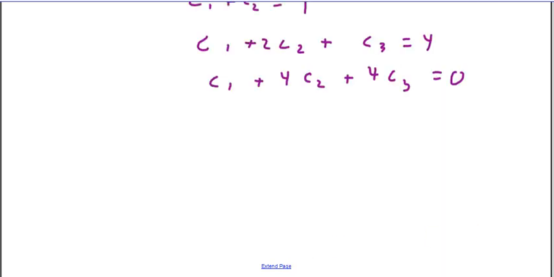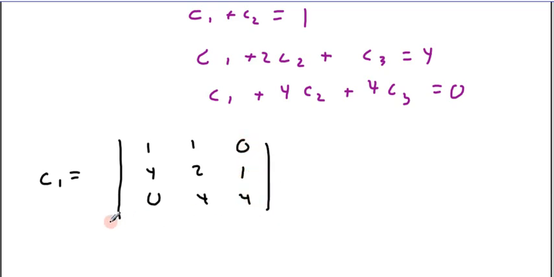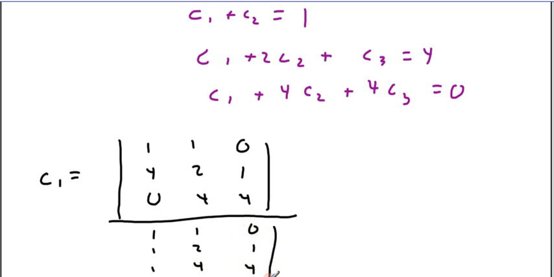Okay, so now we're all set. I'm going to do Cramer's rule again. c1 is going to be the determinant with rows 1, 1, 0; 4, 2, 1; 0, 4, 4 on top, and on the bottom I have 1, 1, 0; 1, 2, 1; 1, 4, 4.